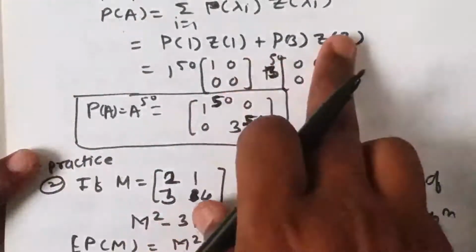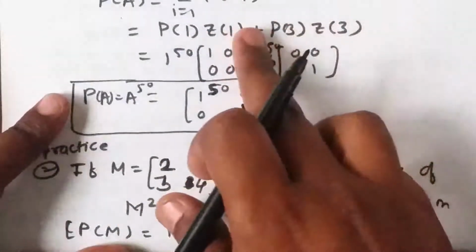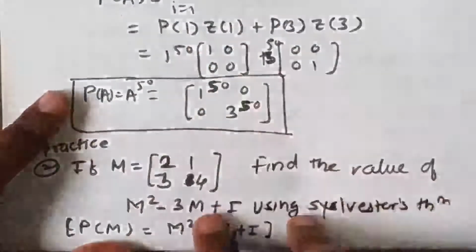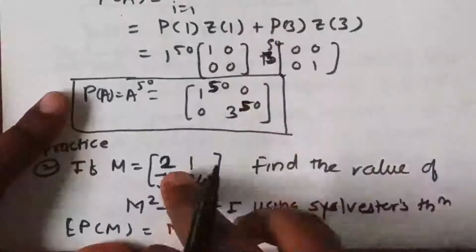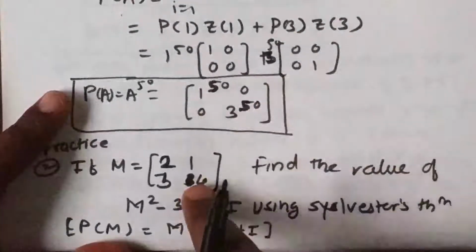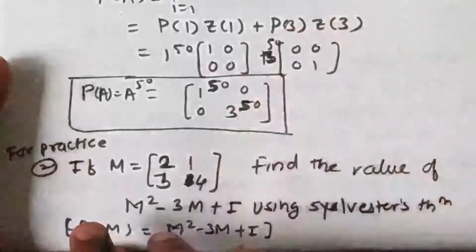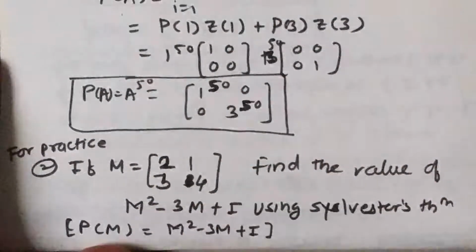Again these two terms you need to calculate. So whatever eigenvalues you will get for this matrix, calculate P of that eigenvalue, then calculate Z of that eigenvalue, and do similarly as in the previous example. Definitely you can do it.